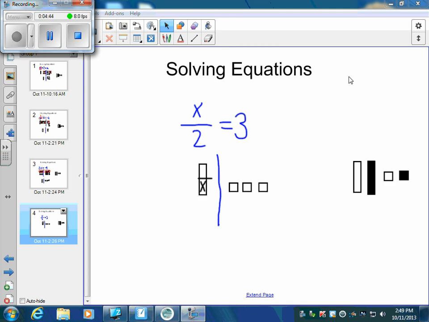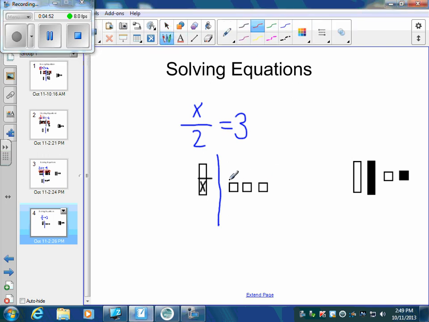And our last example has x divided by 2 equaling 3. Remember, we talked in class that half of this x equals 3 positives. I don't want half of an x. I want the whole x. So instead of dividing, I want to multiply.